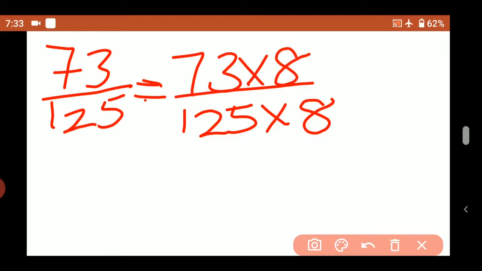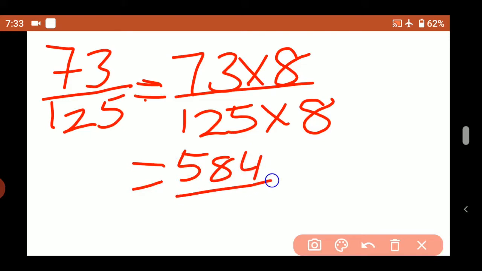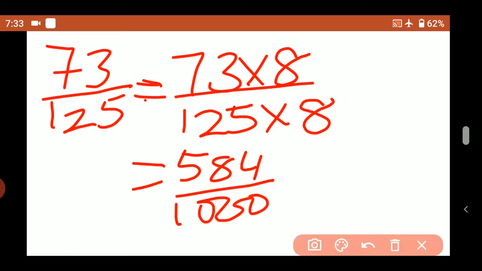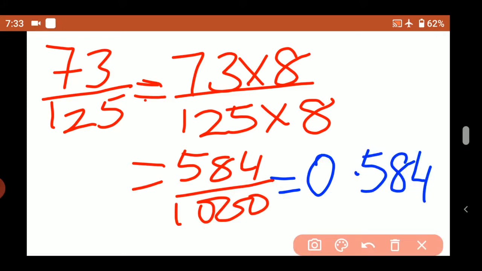So multiply 8 to the numerator also. So you get 584 by 1000. So our answer will be 0.584. I hope you all are understanding this, children. So this is how you convert fraction into decimal fraction.